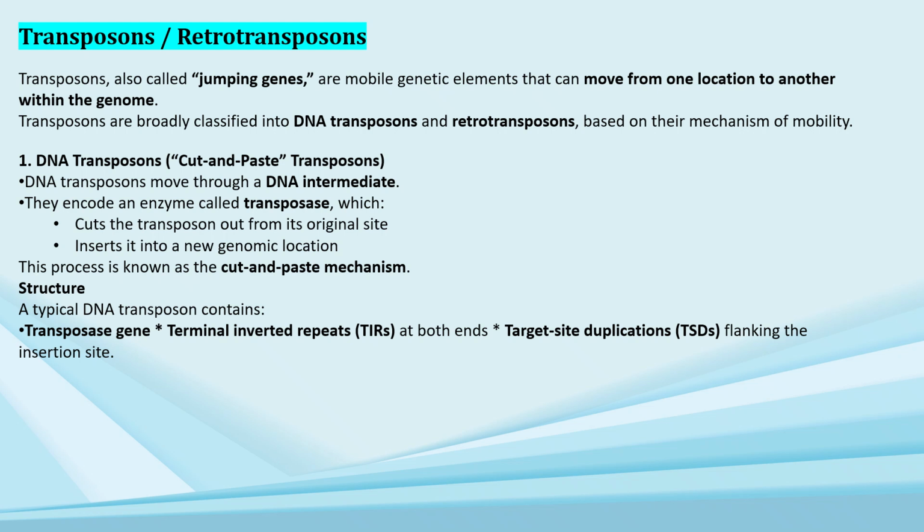They encode an enzyme called transposase, which cuts the transposon out from its original site and inserts it into a new genomic location, and this process is called as cut-paste mechanism. Their structure contains transposase gene, terminal inverted repeats at both the ends, target site duplication flanking the insertion site.